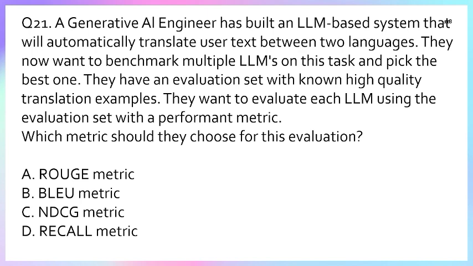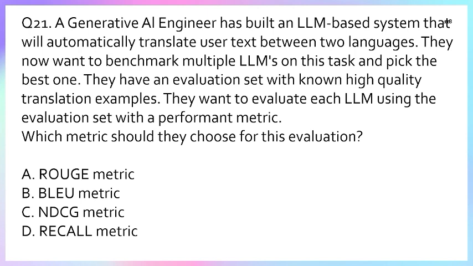Performance metrics. ROUGE metric is mainly used for summarization tasks, measuring overlap with a recall-based approach. It is not the best for translation evaluation. This is only for the summarization task.